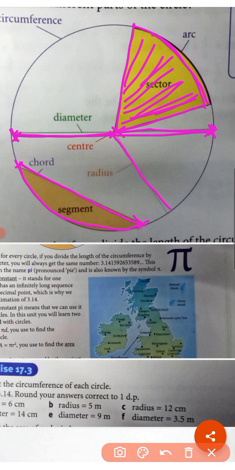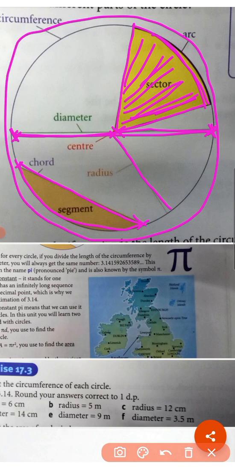Next is circumference. Circumference of a circle is the distance around the circle. Next is area.